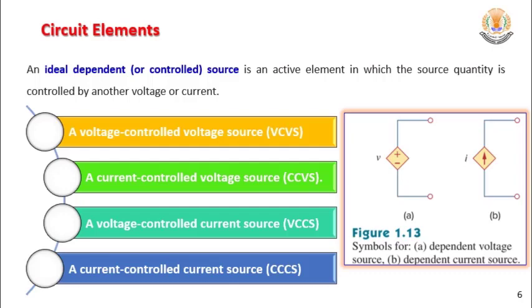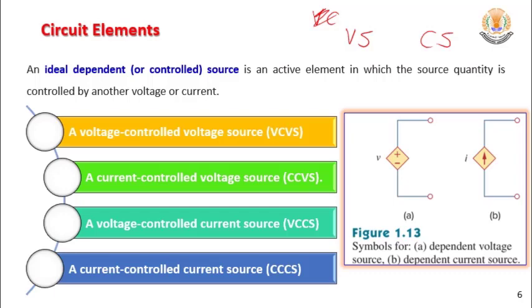So 2 times 2, you will have 4 types of sources. Clear? Voltage source and current source, each one can be controlled either by voltage or current.